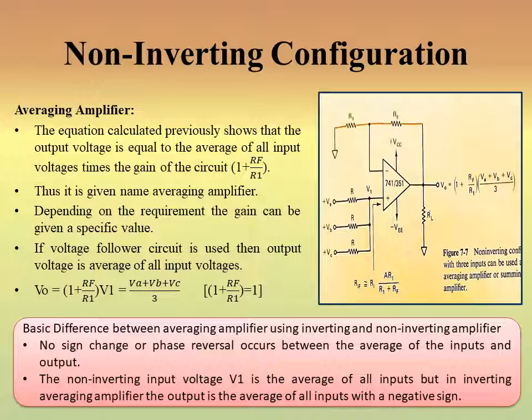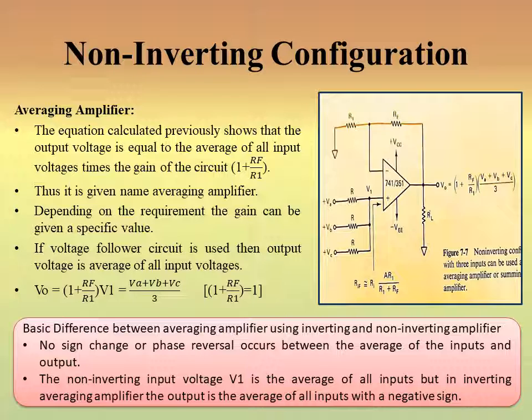Now here we can discuss the basic difference between averaging amplifier using inverting configuration and non-inverting configuration. First of all, we see that no sign change or phase reversal occurs between the average of the inputs and the output in non-inverting configuration, but in inverting configuration, because of the inverting configuration, phase reversal occurs.